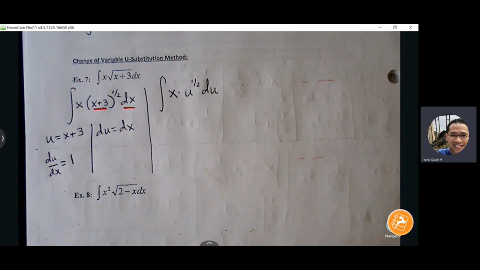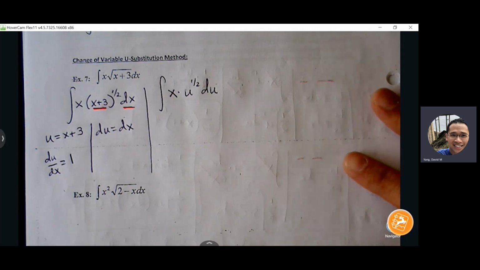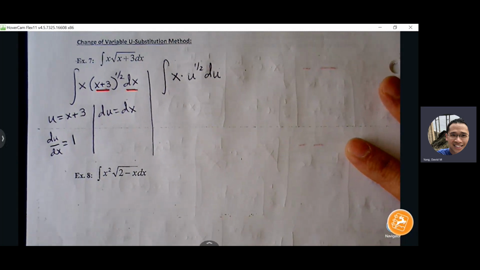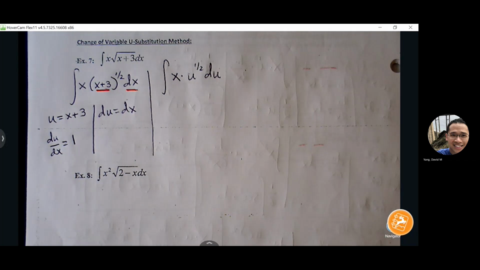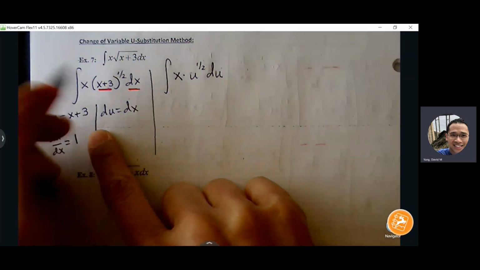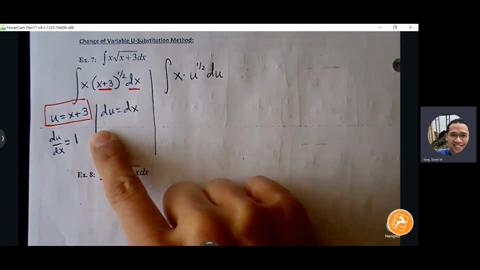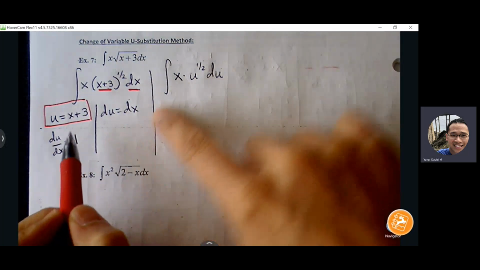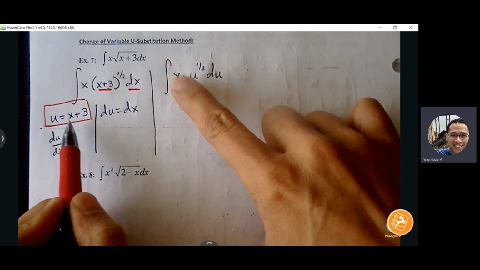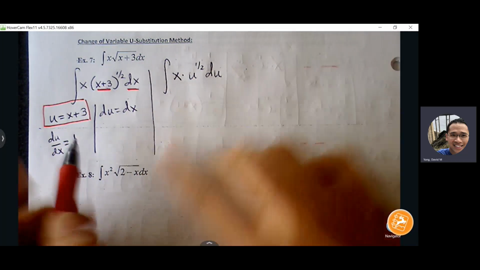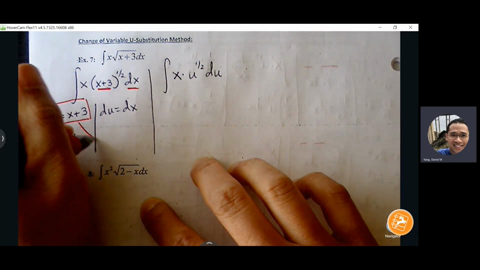So is there something in the problem that can allow us to work around this x that's getting in the way? Right, so we have something that we can play with, right? We have this equation, u equals x plus 3, that maybe I can find a way to get that x to be replaced. So what if we can rearrange this equation?